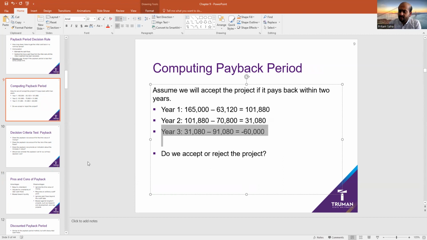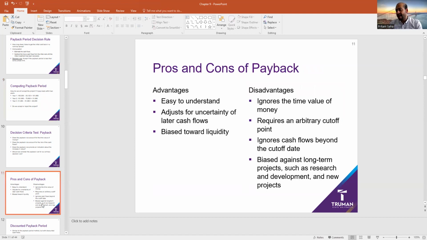So what if this project generates year 4, year 5, year 6 cash flows? It will not consider them. As long as you know when you are getting back your initial investment, for this proxy, year 4, year 5, anything beyond that doesn't matter. It does not consider them. But for NPV, we consider the entire project. We consider the entire picture. So that's one of the disadvantages.